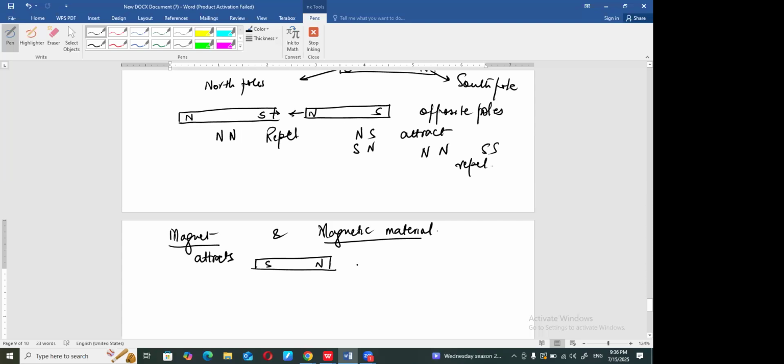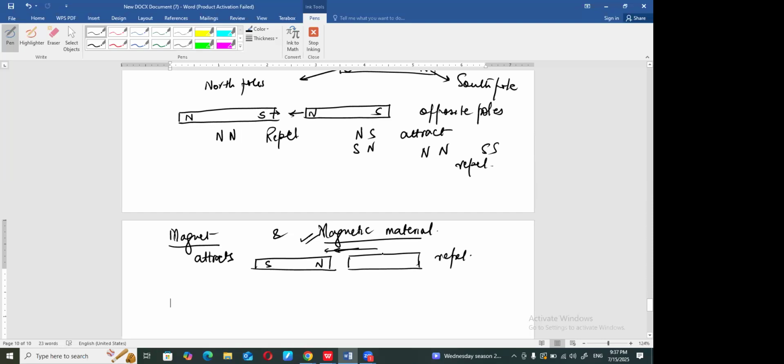You bring any material, you don't know if it's a magnetic material or a magnet, you bring it here, and let's suppose it is being attracted. Fine. It can be a magnet, it can be a magnetic material, but it cannot be a non-magnetic material. Now you change the position and bring it near to the north pole. If it's still attracted, it's a magnetic material, because a magnetic material, whether you change the sides or whatever, will be attracted by the magnet. As far as a magnet is concerned, if you bring one side nearer and it's attracted, the other side must be repelled. Then and only then can you say that this is a magnet.